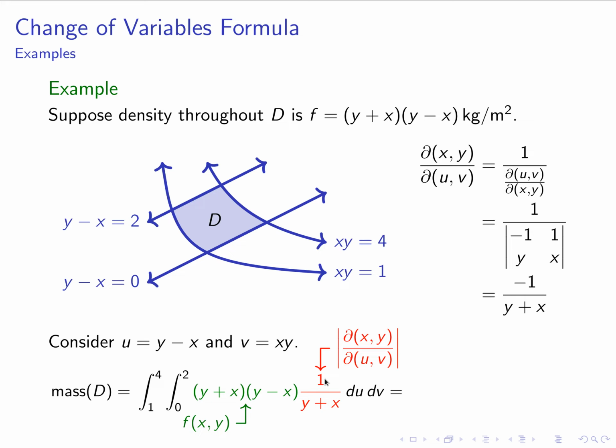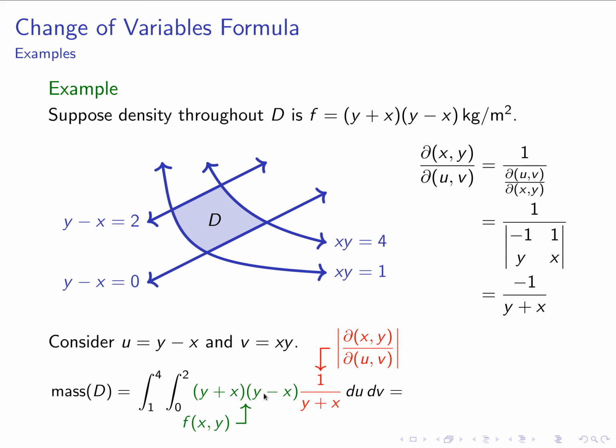And then to account for the stretching that occurs when we change variables in this way, we need to multiply by our Jacobian determinant, which in our example, the partials of x's and y's with respect to u's and v's, was -1 divided by y plus x. And in the formula for change of variables, we always take an absolute value of this quantity. So our -1 becomes a +1. And then we can see here that someone took care to write this problem cleverly, because now this y plus x in the density function cancels with the denominator of y plus x coming from the Jacobian determinant.